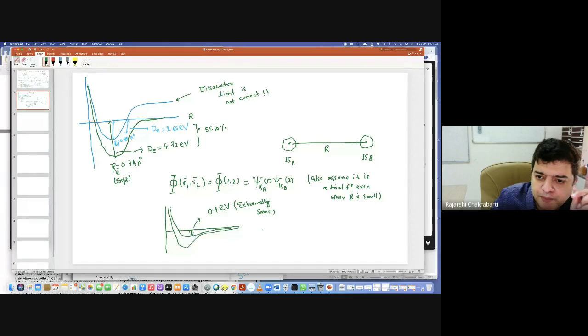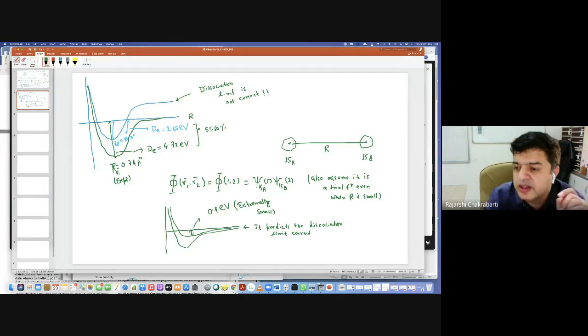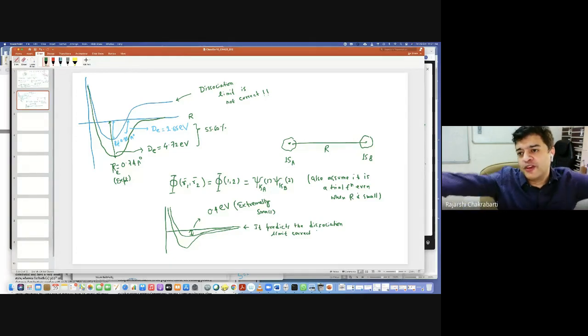But what you must have seen here is that, by construction, it correctly predicts the dissociation limit. Can you see that? Why? Because you start from the dissociation limit.